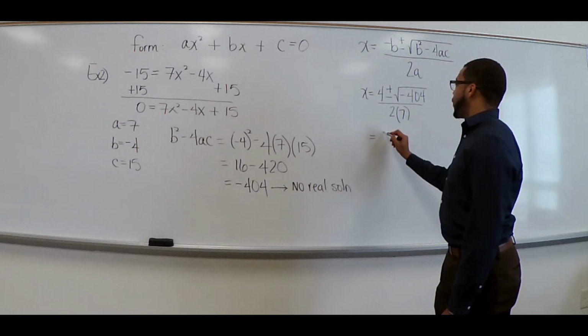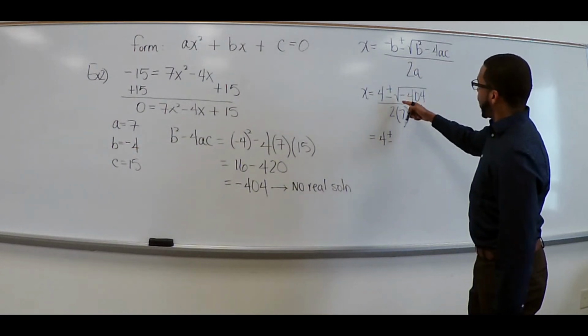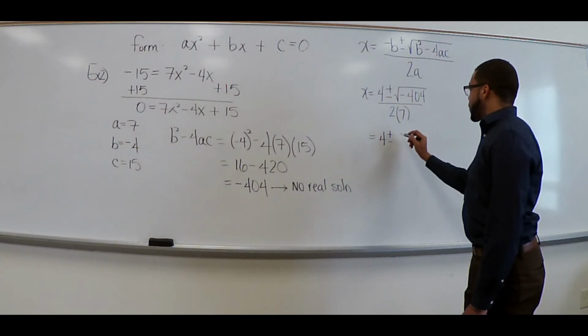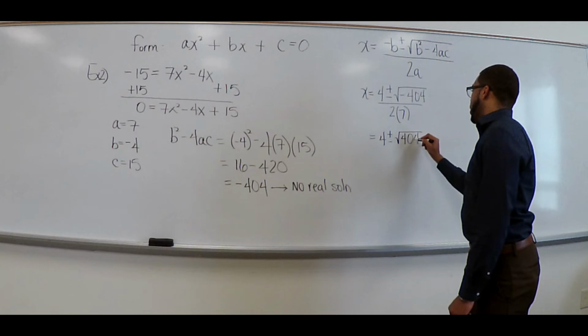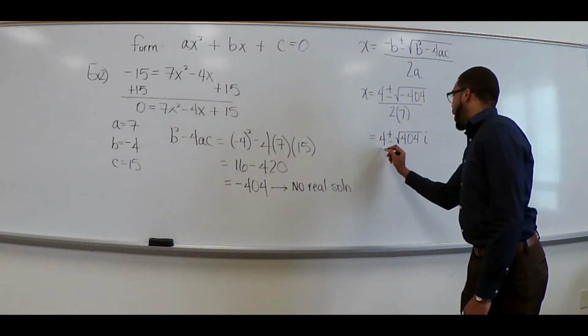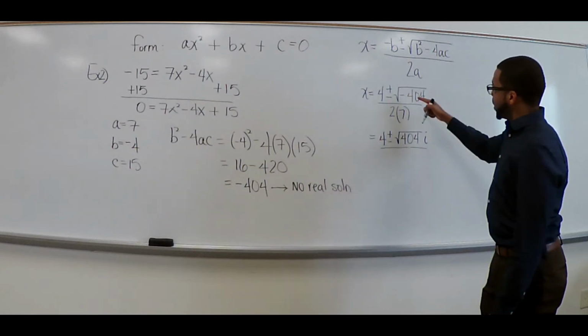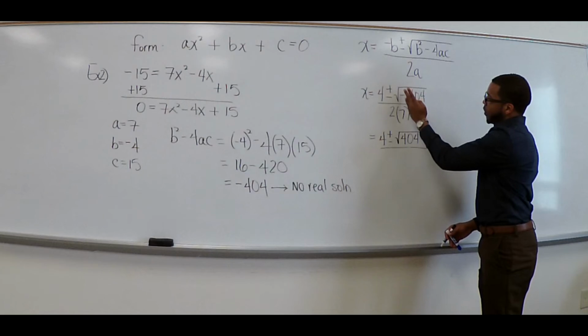equals 4 plus or minus square root of a negative number, that is the square root of 404. I is not under the radical, it's outside of the radical. Because we took the square root of a negative, the square root of negative 1 is i.